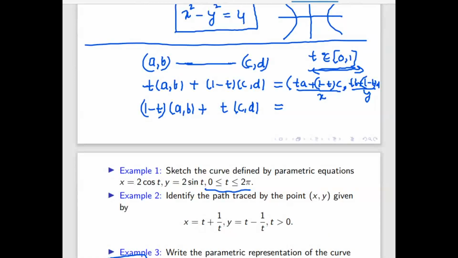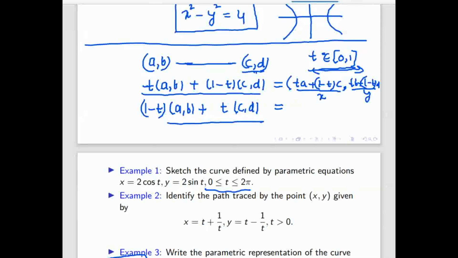If t lies from 0 to 1, this parametric equation will give the line moving from CD to AB when you vary t from 0 to 1. If t is half, then it is exactly the midpoint of this line. So t from 0 to 1, this is the parametric representation of a line from point AB to CD or CD to AB in 2 dimensions.